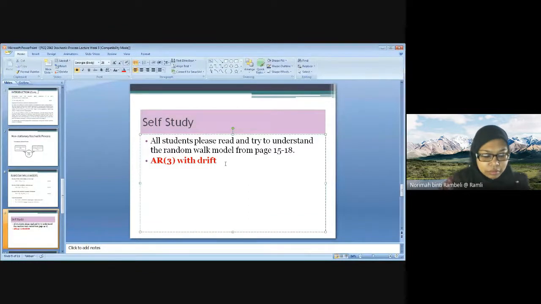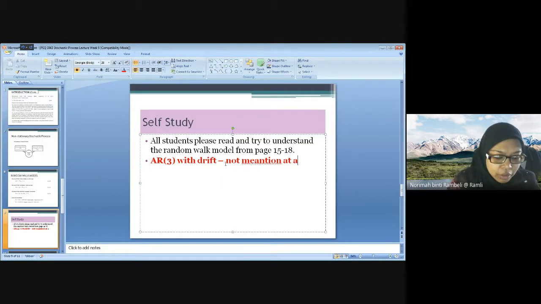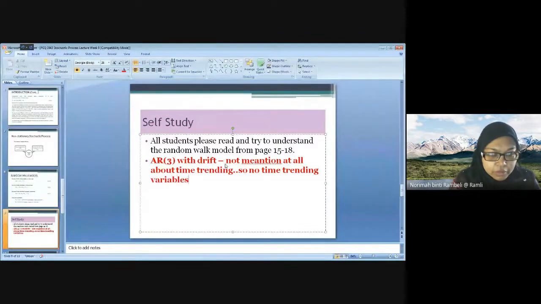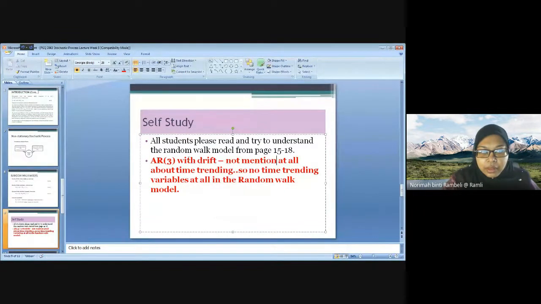When I say AR3 with drift, I did not mention anything about time trend. So there is no time trend variable at all in the random walk model. In this instruction, time trend is not mentioned at all.